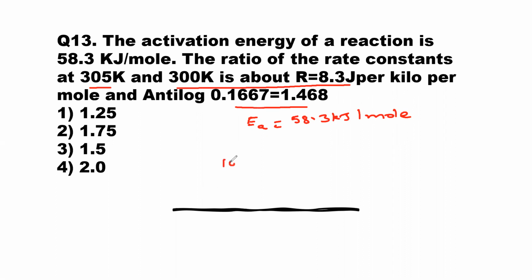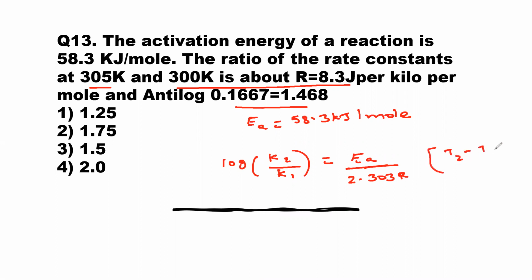So we know the relation: log of K2 by K1, the second rate constant and first rate constant, where K2 becomes 305 and K1 becomes 300, is equal to energy of activation by 2.303 R into T2 minus T1 by T1 T2, temperature in kelvins.